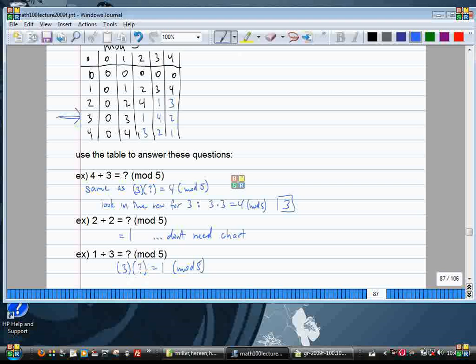But we're not doing multiplication. What are we doing? We're doing division. So we already have the answer. 3 times what equals 1? So the missing number is 2.